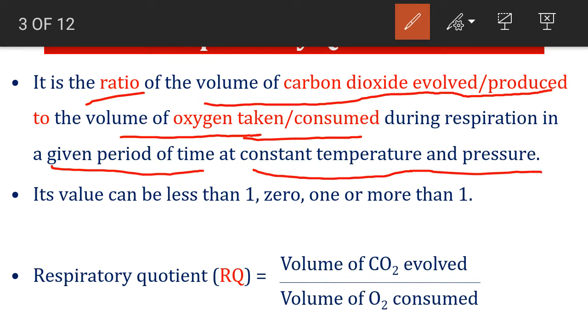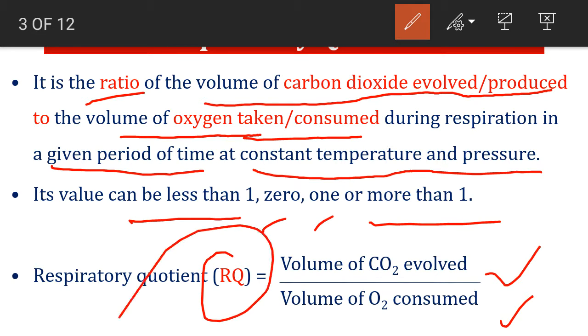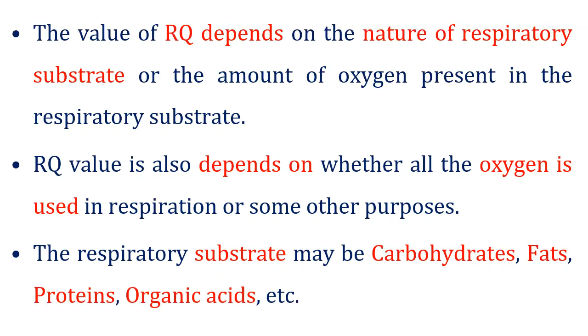The value of respiratory quotient can be less than 1, 0, 1, or more than 1. Here is the formula: the volume of carbon dioxide evolved is divided by the volume of oxygen consumed, which gives the respiratory quotient.